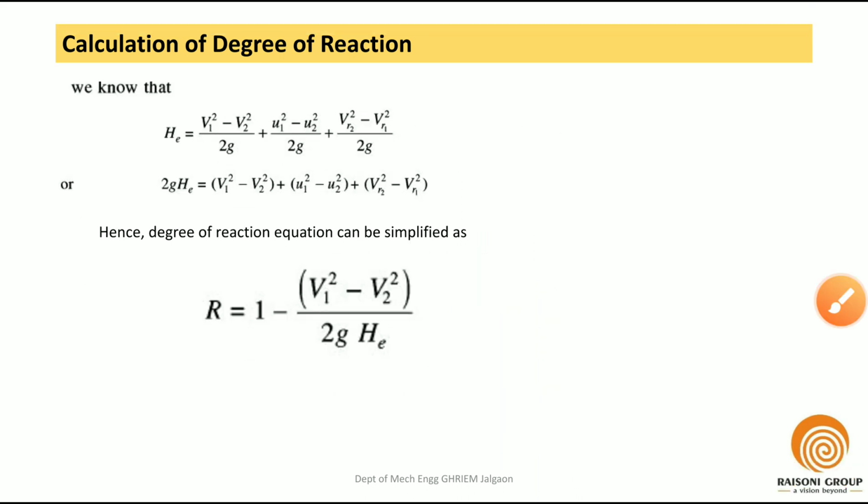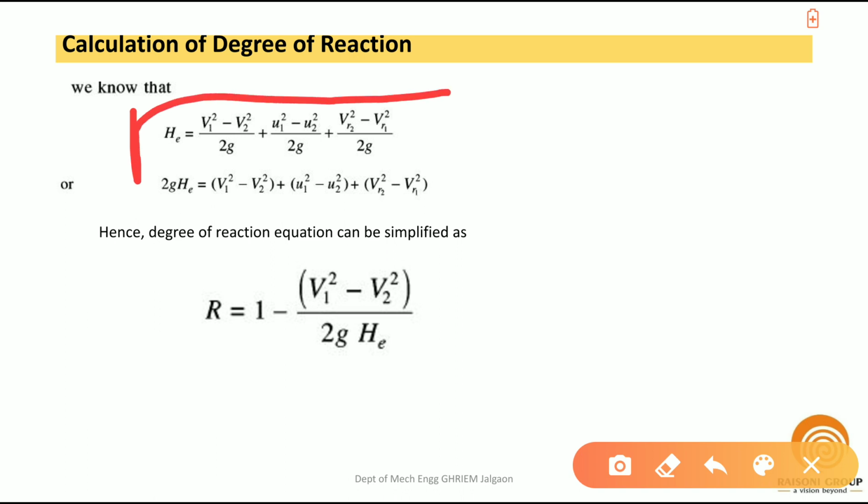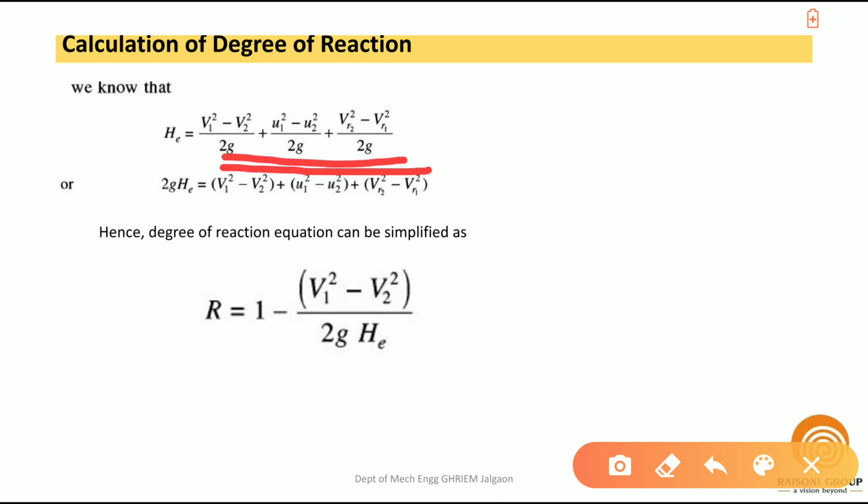We also know that HE is equal to the summation of these three terms we have already derived. If we multiply by 2g, the equation becomes 2g HE is equal to the summation of these three terms.